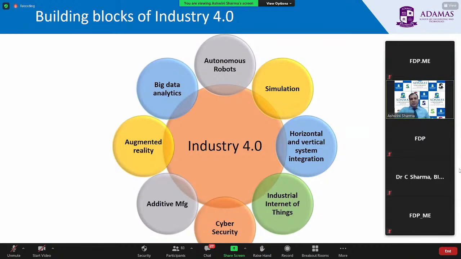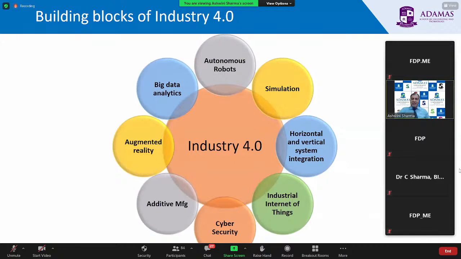Big data analytics is very, very useful when you are producing a product which is generating huge data. So what can be an example of this big data analytics? For us, it might be the aviation industry. When the plane is taking off, there are so many things working there.